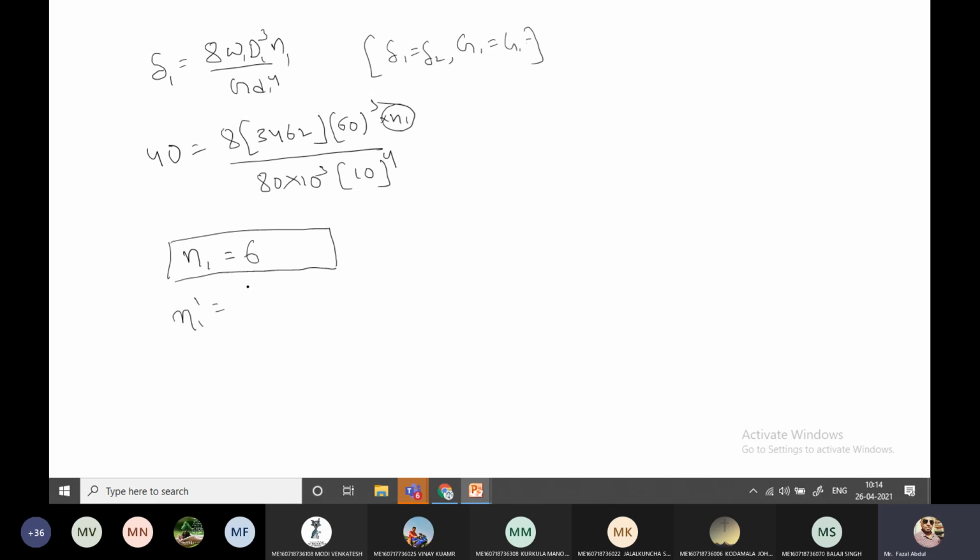Because the question does not mention what type of end condition is there, in this situation you have to blindly consider square and ground ended. After considering that, the related equation we have to write is N plus 2.